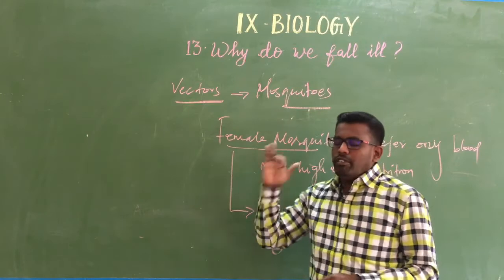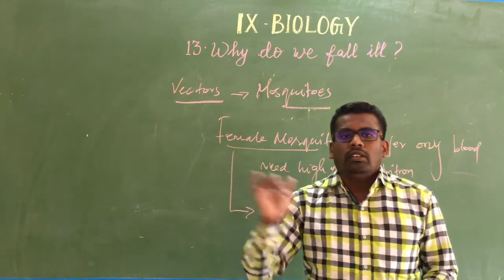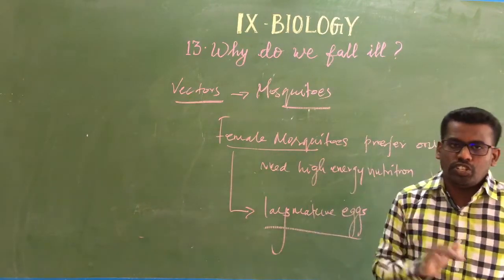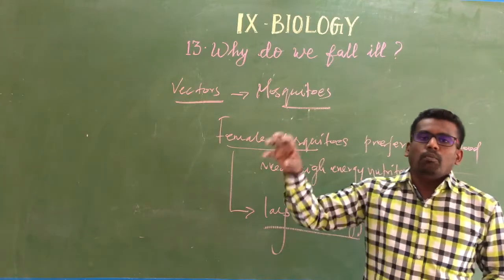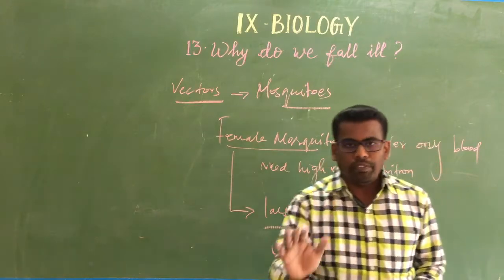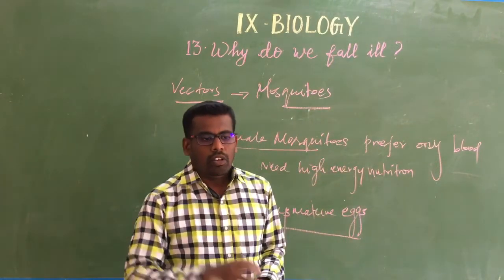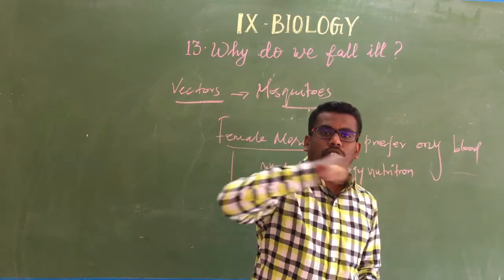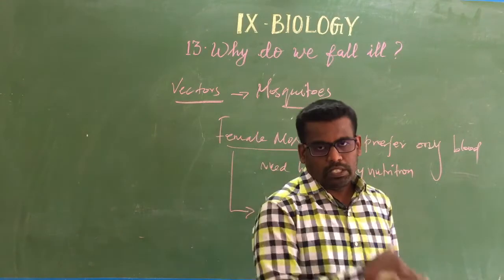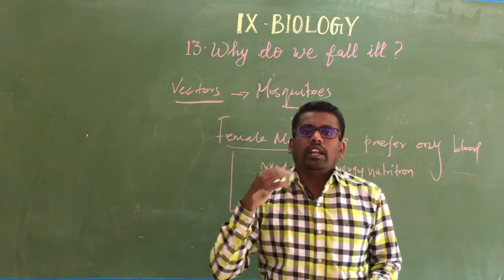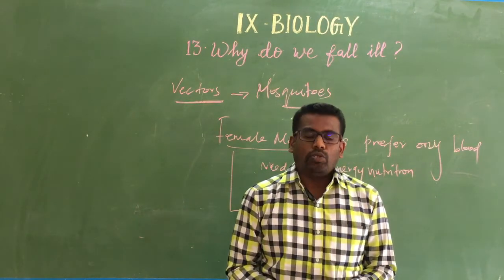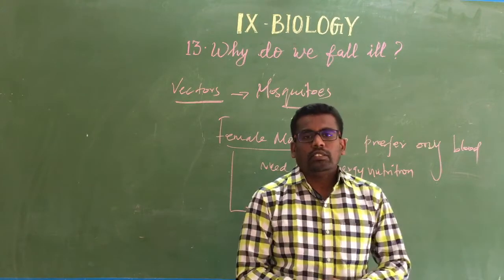The question will come: why do only female mosquitoes prefer blood, not male? Because the female mosquitoes need more energy to lay mature eggs, and more energy is present in the blood. So when the mosquito sucks the infected person's blood, then sits on another person and again takes blood, at that time it drops the pathogens, and the other person gets infected.